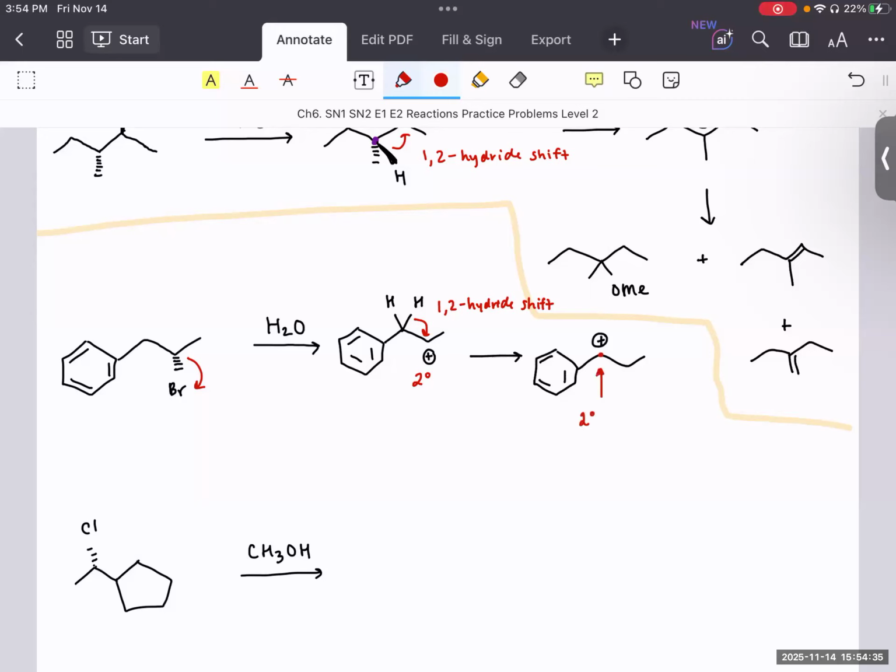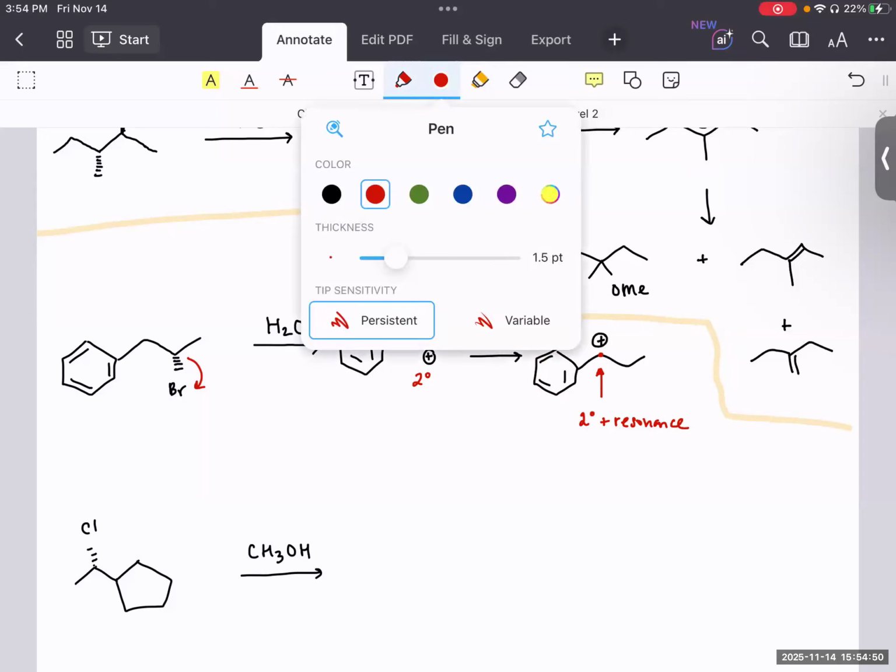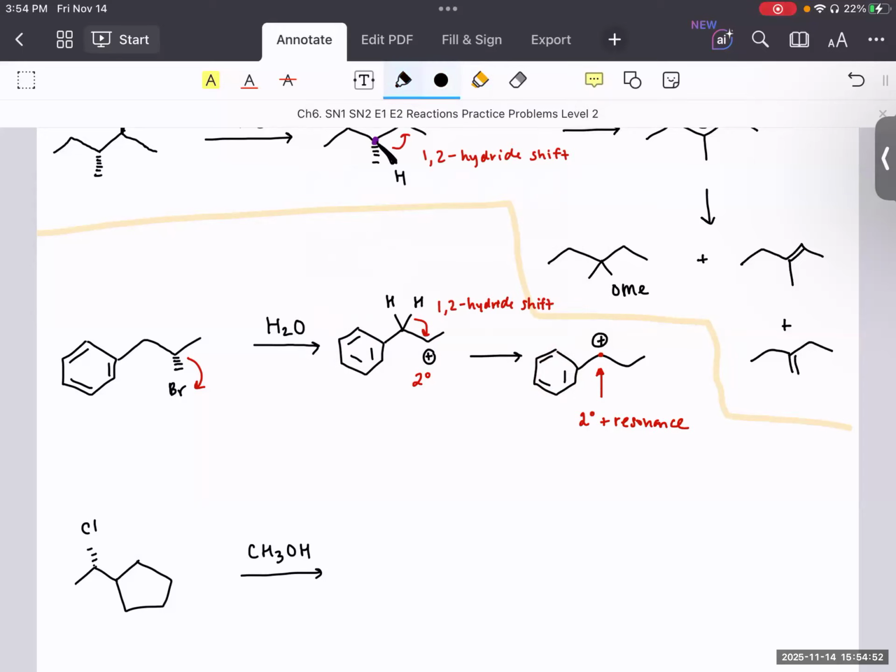And so secondary plus resonance. And that's because this ring that I just highlighted in orange, we could draw resonance structures that delocalize that positive charge throughout the ring. And so this carbocation actually ends up being more stable than the original secondary just by itself. Secondary plus resonance is really, really good. It's much more stable than just secondary by itself.